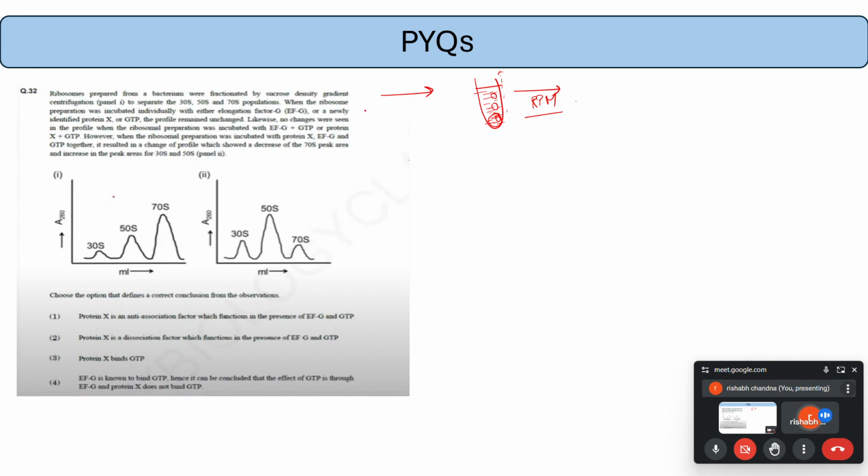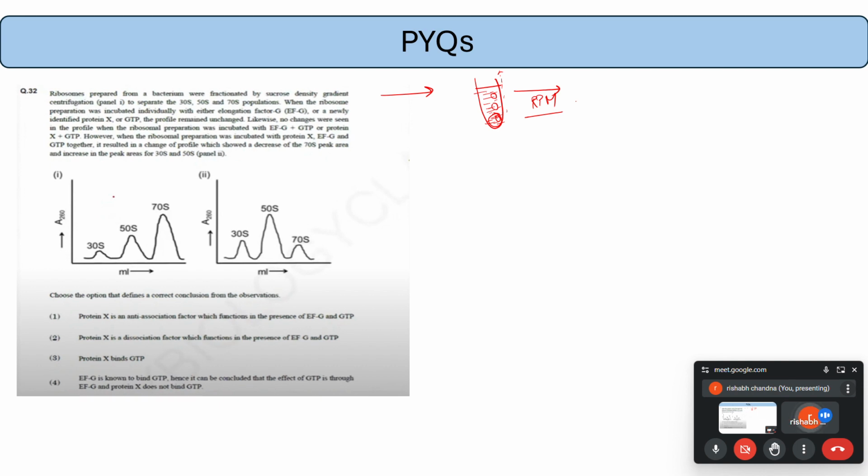When the ribosome preparation was incubated individually with either elongation factor EFG, or a newly identified protein X, or GTP, the profile remained unchanged. So they used different permutations and combinations with EFG, protein X and GTP, and found that the profile remained unchanged.